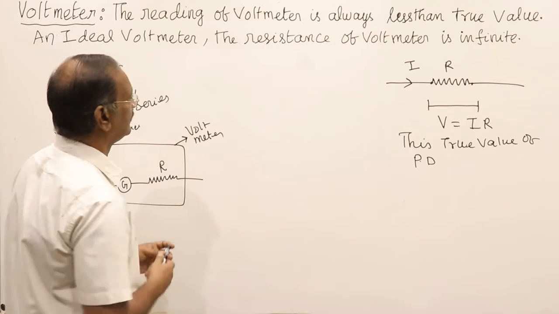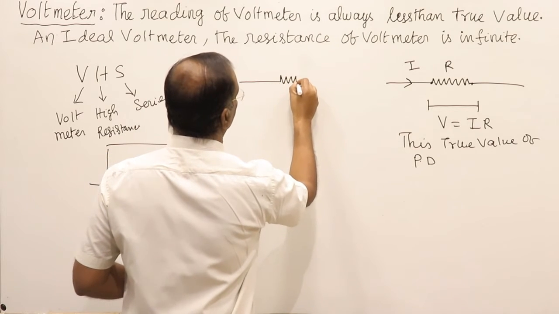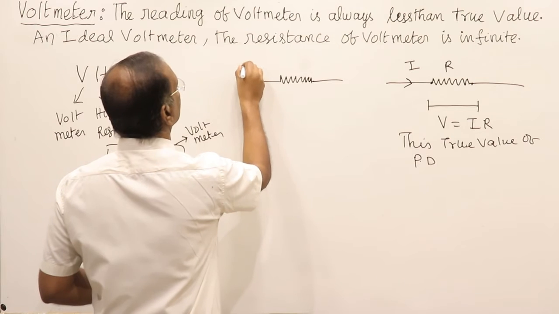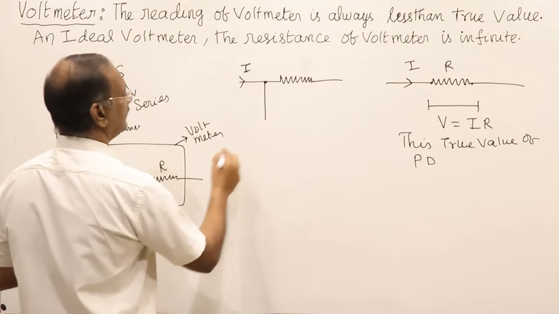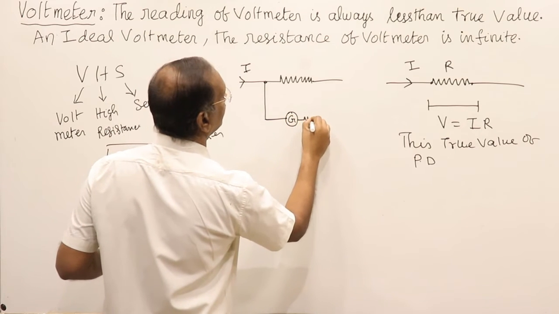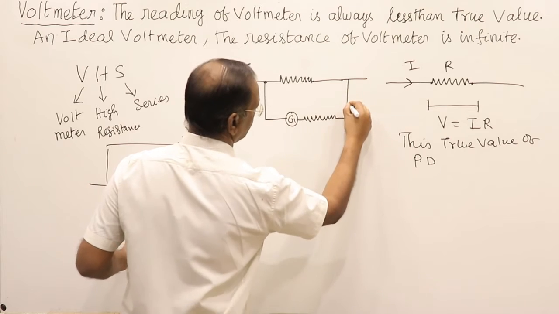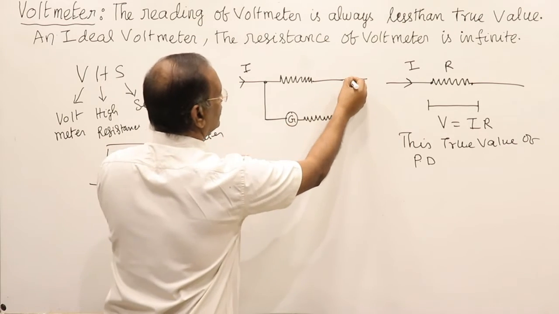Now we will put this one here in the same circuit. This is a circuit in which I is flowing. Now we connect a voltmeter, this same arrangement, a galvanometer with a high resistance. We connect it across this point.